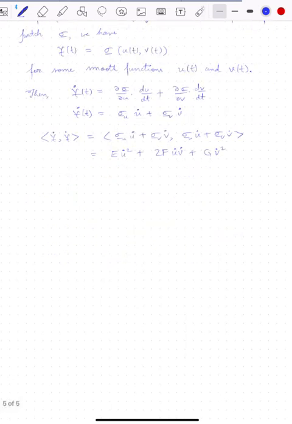And from here, what we can see is that the norm of gamma dot, as we recall, is the square root of its inner product with itself. And this will be equal to the square root of E u dot squared plus 2F u dot v dot plus G v dot squared.